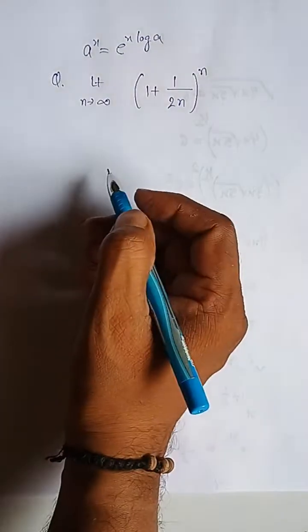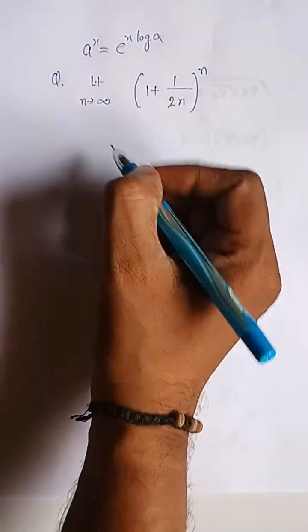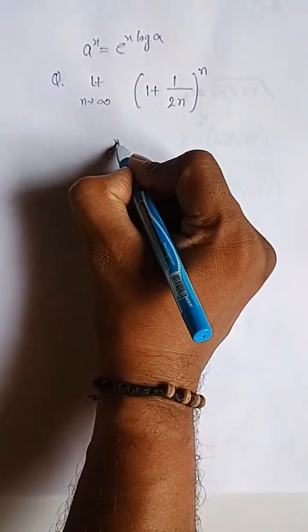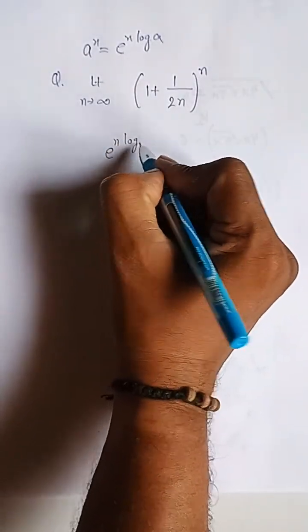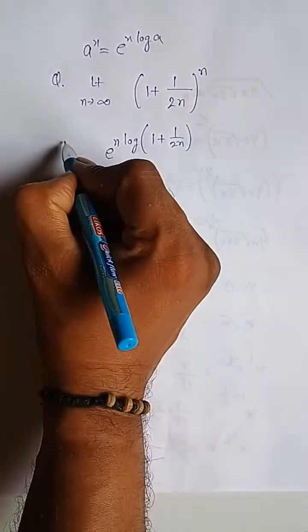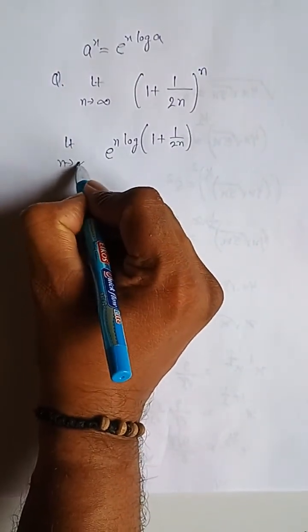Okay, so this can be written as e to the power n, the variable, and then log 1 plus 1 by 2n. The limit is the same, n tends to infinity.